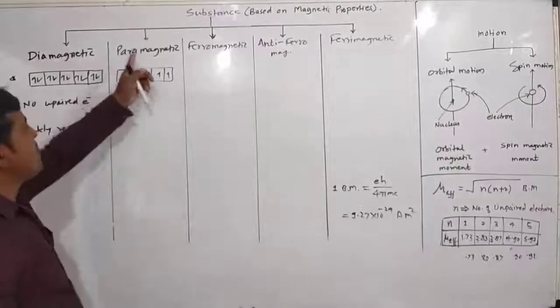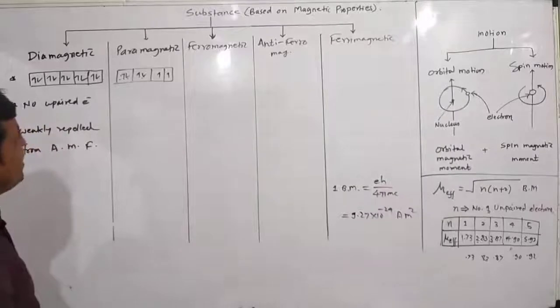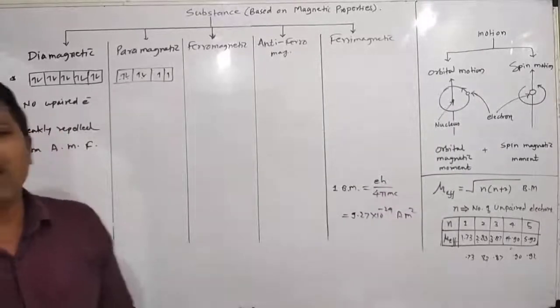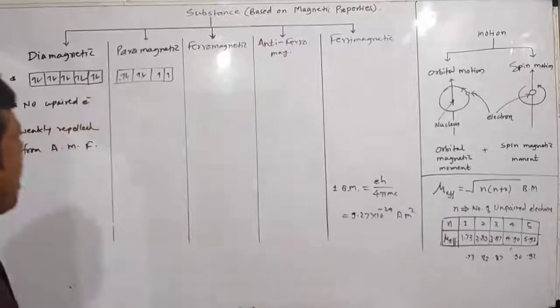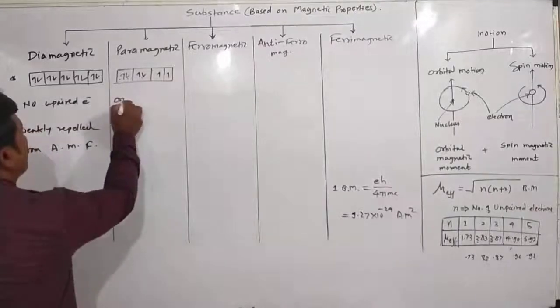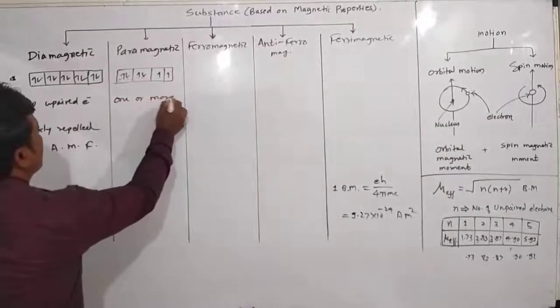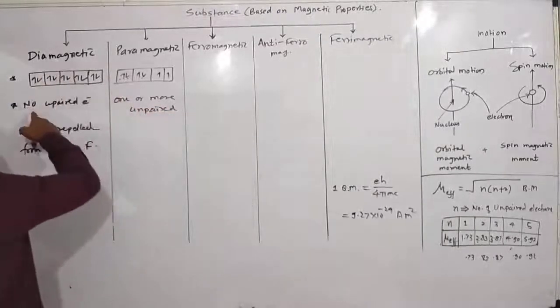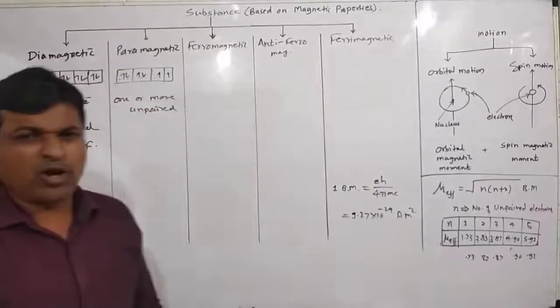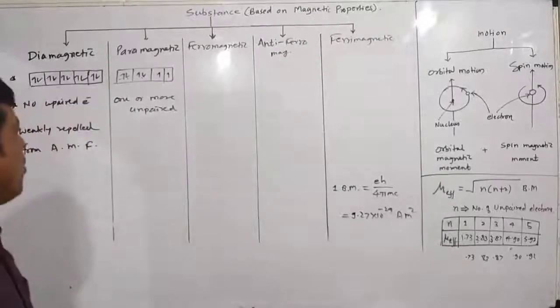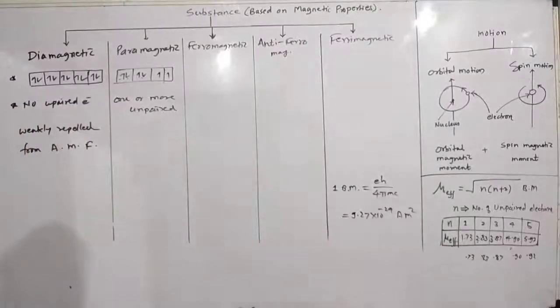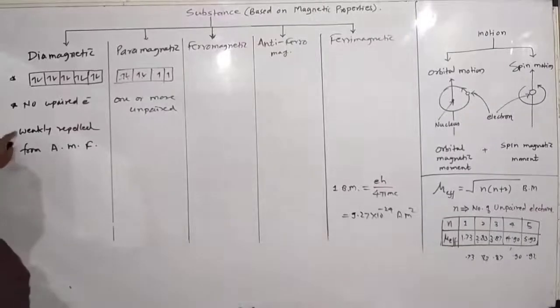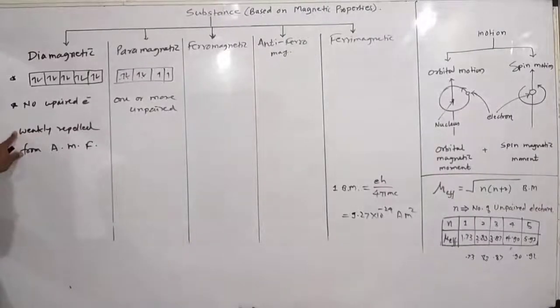Paramagnetic substances have one or more unpaired electrons, while diamagnetic substances do not have unpaired electrons. Diamagnetic substances are weakly repelled from the applied magnetic field.